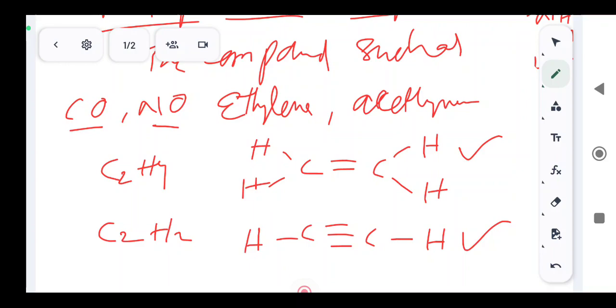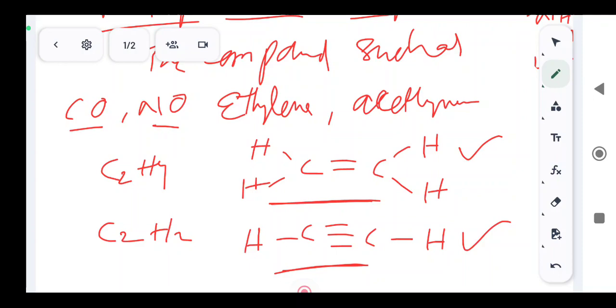So these are electron pair donating groups. Negative species are simple anions, and neutral species with at least one lone pair of electrons are Lewis bases. Multiple bonds between two atoms, negatively charged simple anions, and neutral species having at least one lone pair of electrons, these three come under Lewis bases.